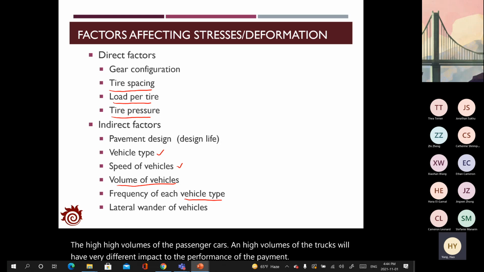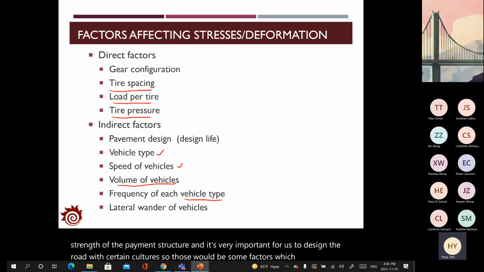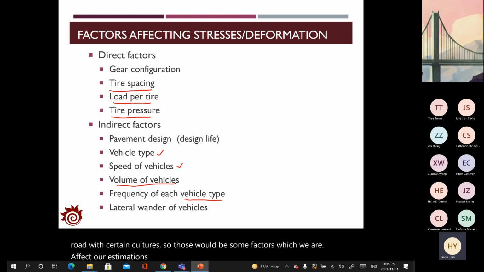The lateral wander of the vehicles is usually related to the shear strength of the pavement structure, and it's very important for us to design the road with certain curvatures. So those would be some factors which will affect our estimations about the stress and deformation from the vehicles to the pavement structure.